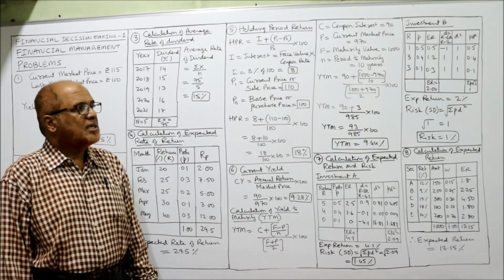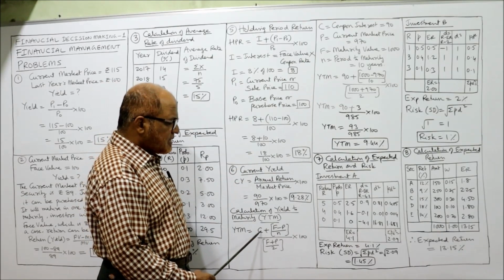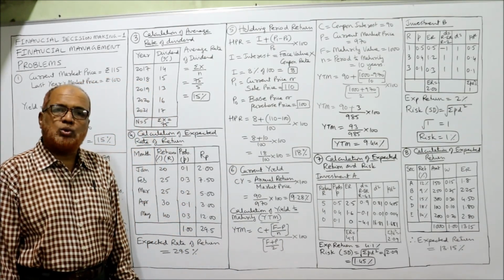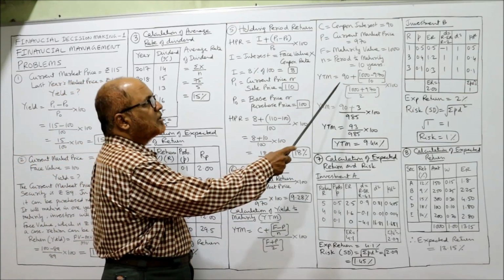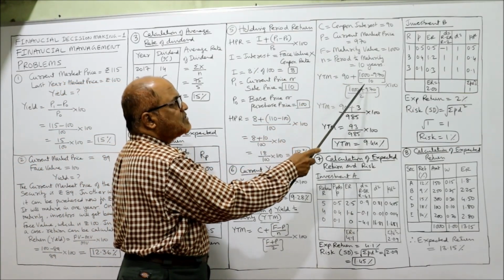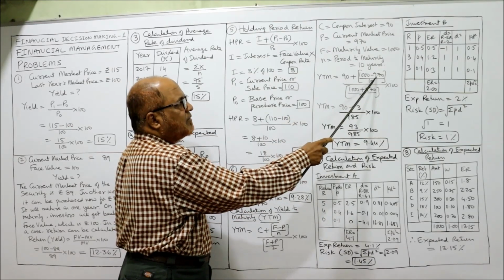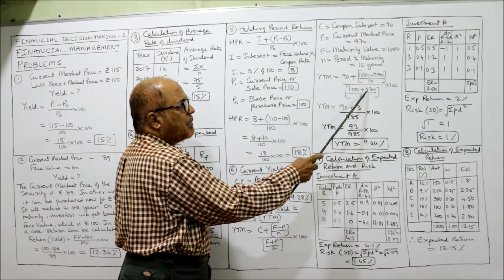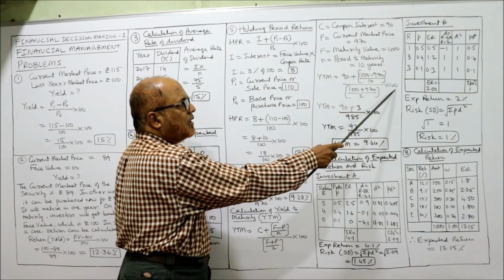Substitute all the values. C plus (F minus P) by N, divided by (F plus P) by 2, into 100. So C, coupon interest, is 90. Then F is 1000, P is 970, divided by N, N is equal to 10 years, divided by (1000 plus 970) divided by 2, into 100.